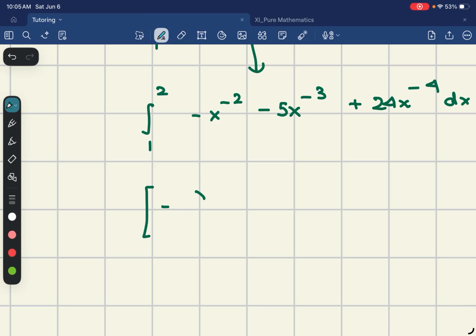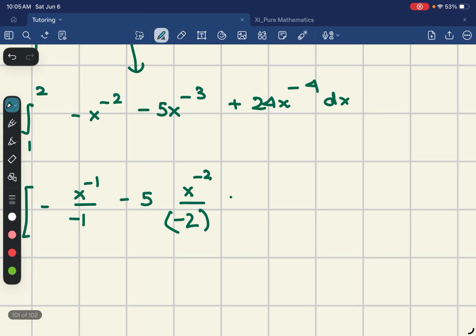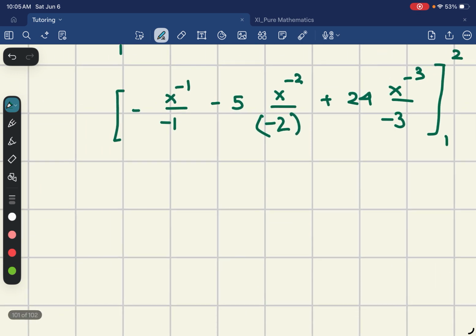It's going to be negative x to the power negative 1 by negative 1, minus 5 x to the power negative 2 divided by negative 2, plus 24 x to the power negative 3 divided by negative 3 if I integrate everything. And I still need to substitute 1 to 2. And now let's simplify. This negative gives me a positive. I'm going to get 1 over x.